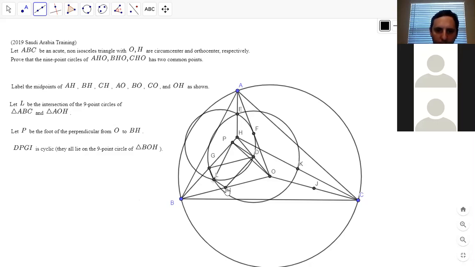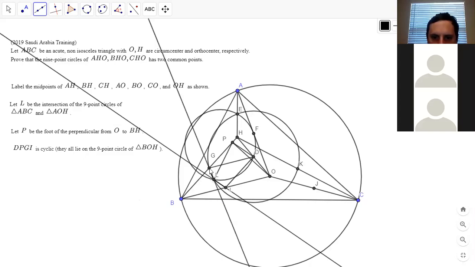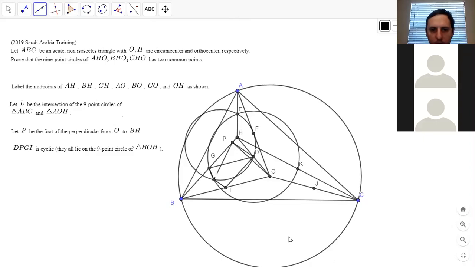What if... So yeah, PI equals DL. So what does that mean?